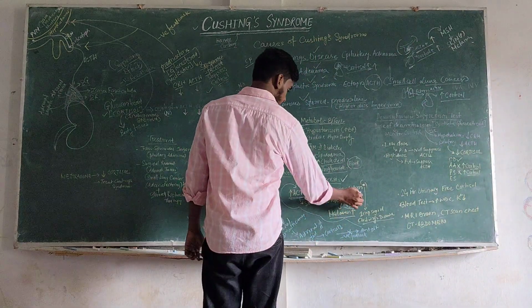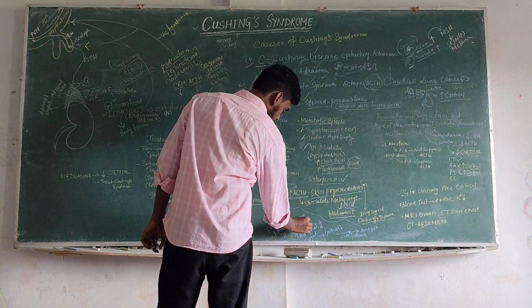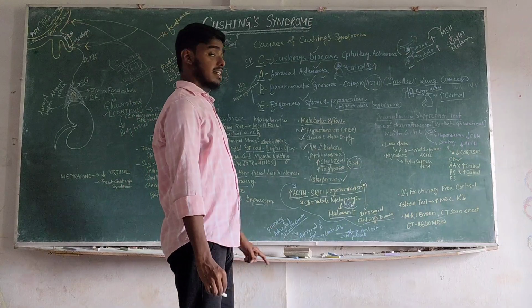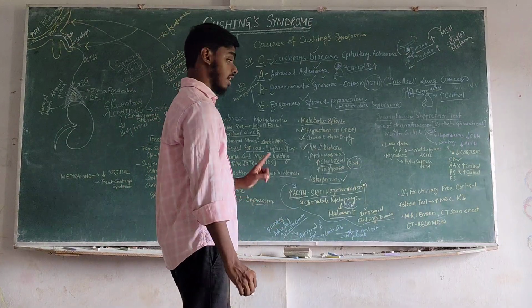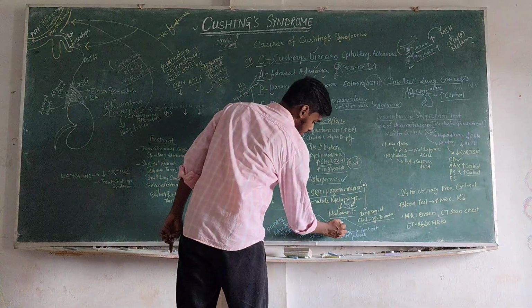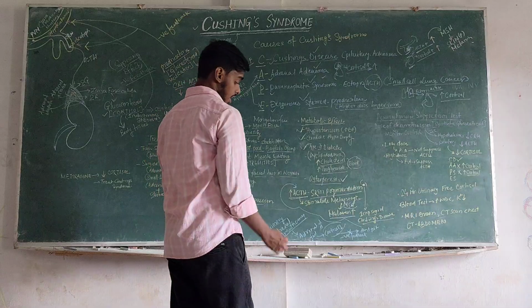This type of skin pigmentation can also happen in primary adrenal insufficiency. What is primary adrenal insufficiency? It is adrenal failure, or adrenal gland failure. In this category, the cortisol level is highly decreased when the adrenal gland fails.